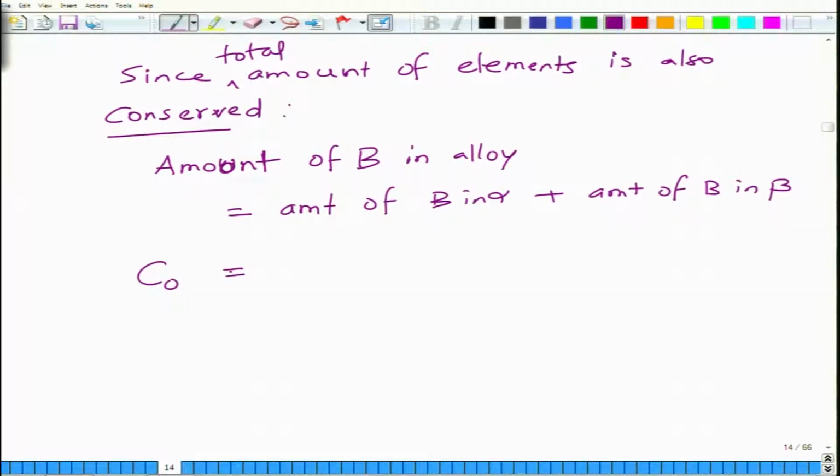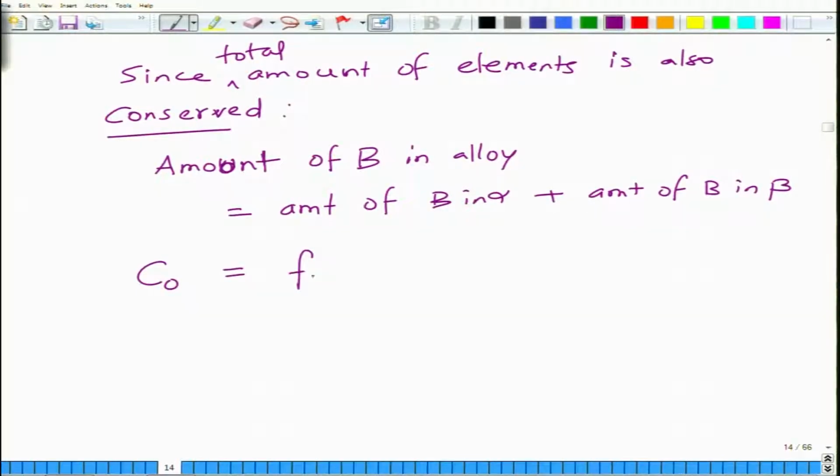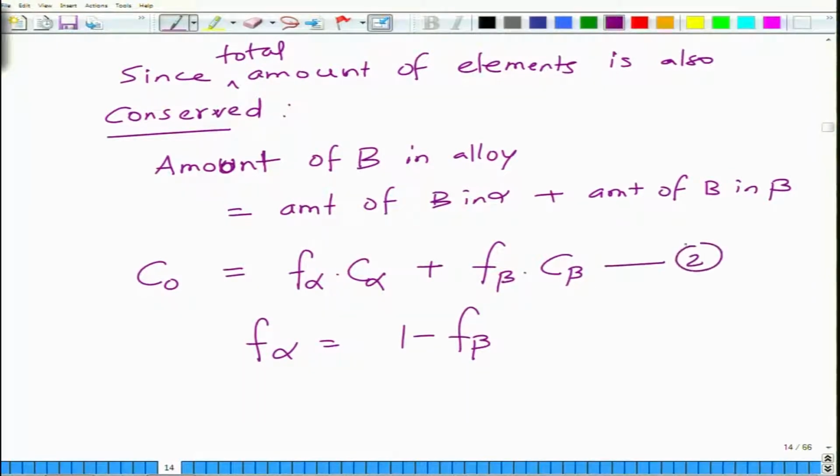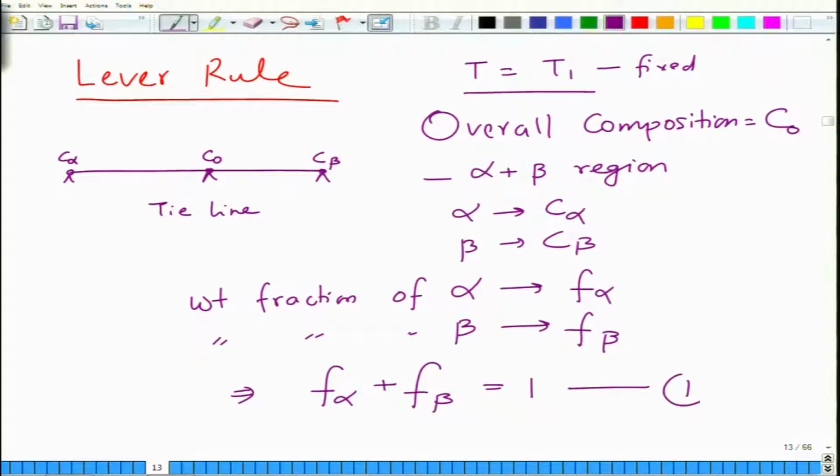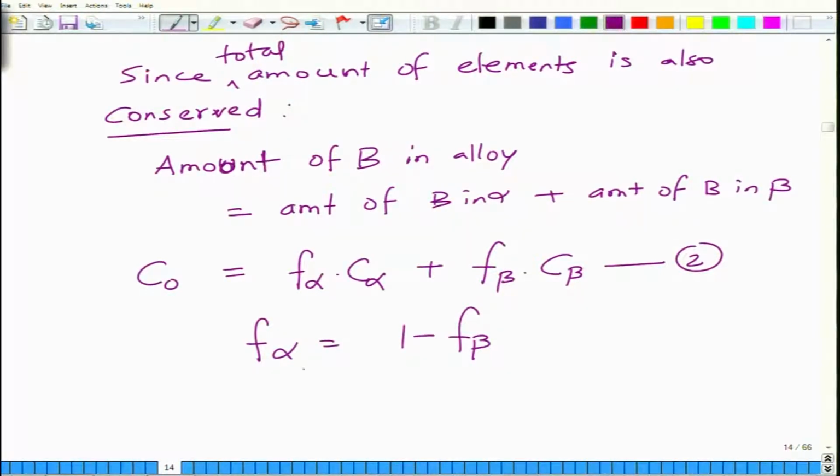C naught was the overall composition, which is nothing but, when you are going from A to B, the percentage amount of B. So the amount of B in alpha will be equal to the fraction of alpha phase multiplied by the composition of alpha phase in percentage B, that is C alpha, and then we have the fraction of beta phase times the composition of beta phase, that is C beta. We know that F alpha is equal to 1 minus F beta. Okay, so this is the second equation. The first equation was the previous equation, and the second equation is this equation.